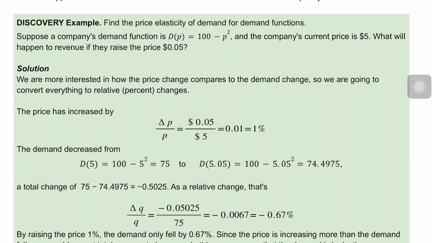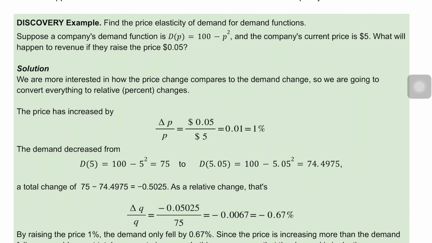So for example, for the price, if we think about it, what is the change in price relative to the original price, right? Remember that this triangle represents change in price.